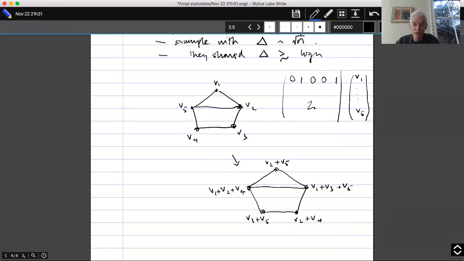I haven't done anything very drastic mathematically, but I'm just saying that if you've got a graph, you can use it to define a linear map, and you can do it directly rather than going via the adjacency matrix. You can just say, my linear map is going to be the following. Given a vector, i.e. a function from the vertices to the reals, I'll replace the value at each vertex by the sum of the values of the neighbors of the vertex.